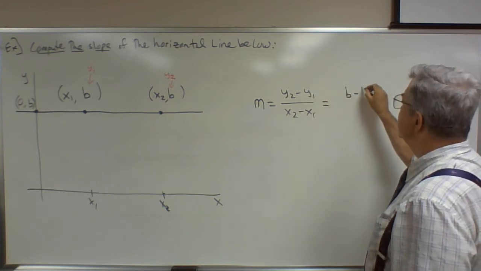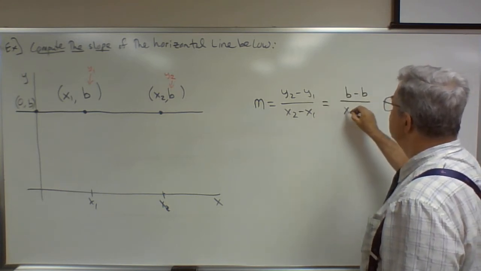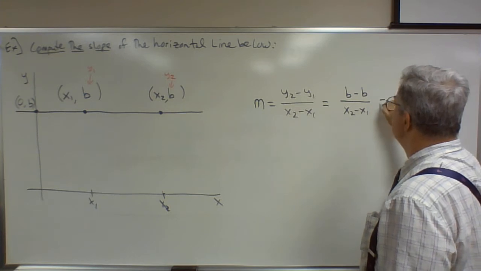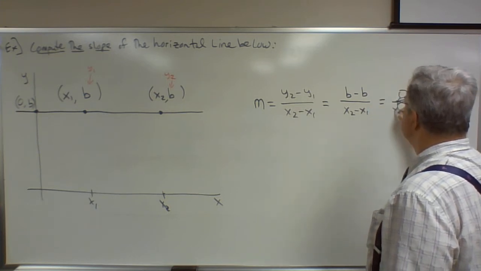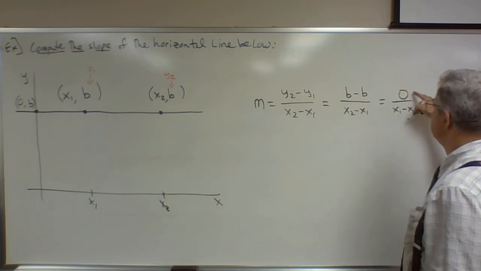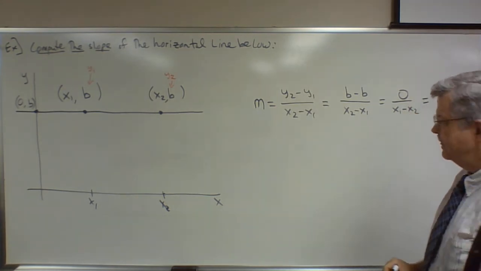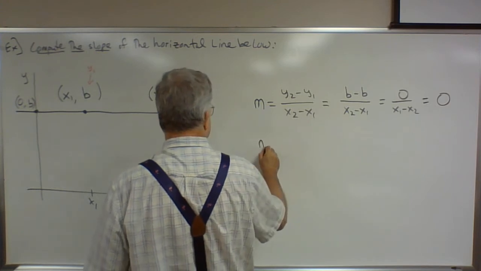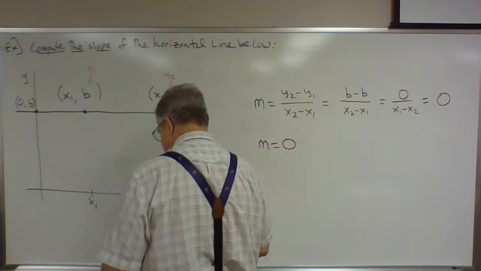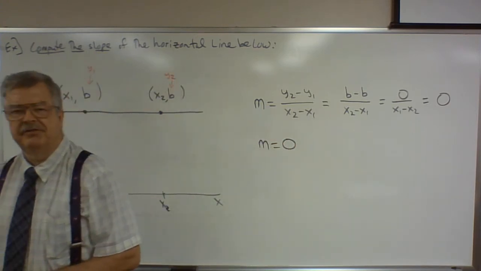So that's b minus b over x2 minus x1. That's 0 over x2 minus x1, or just 0. The slope is 0.